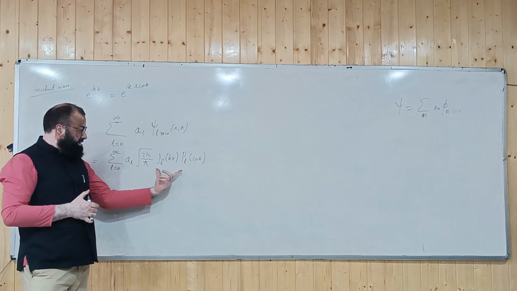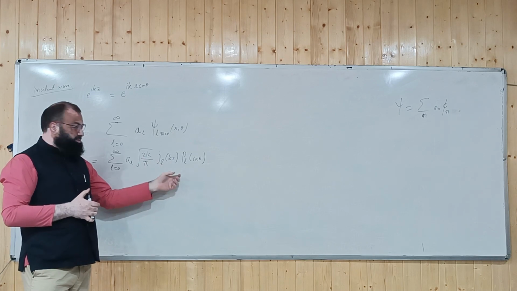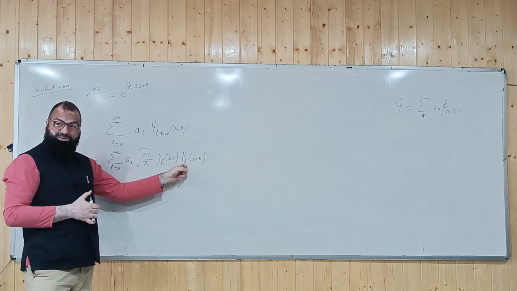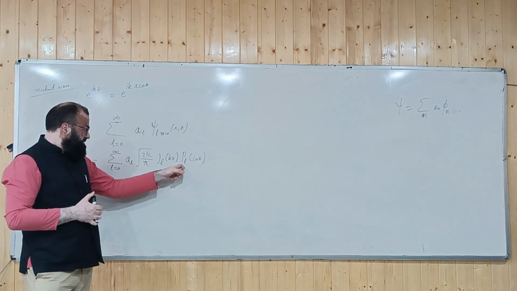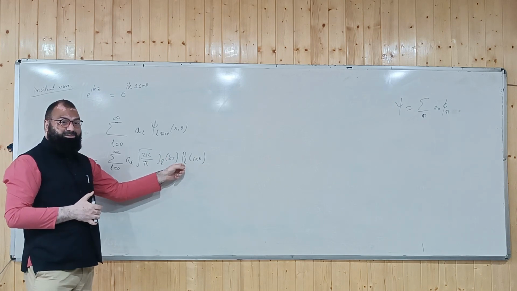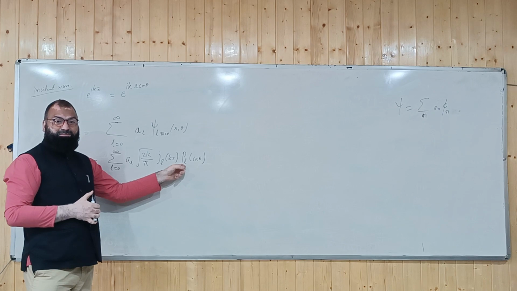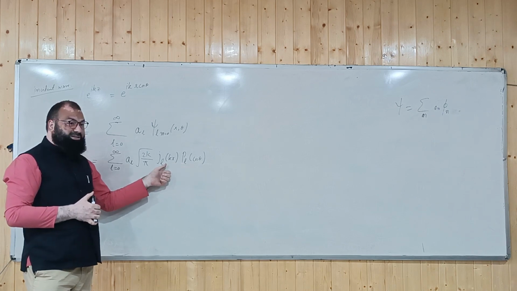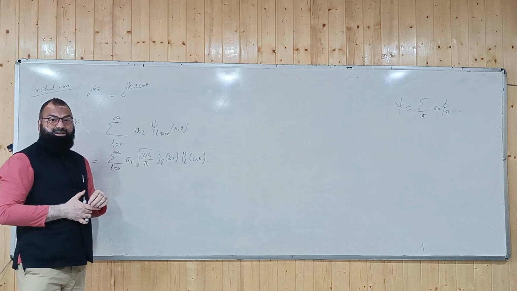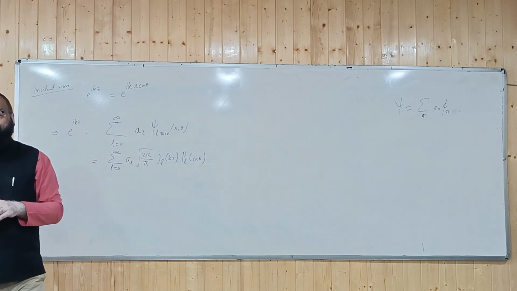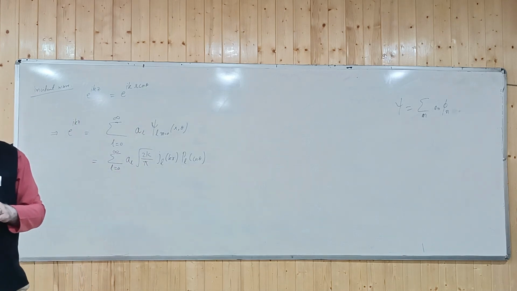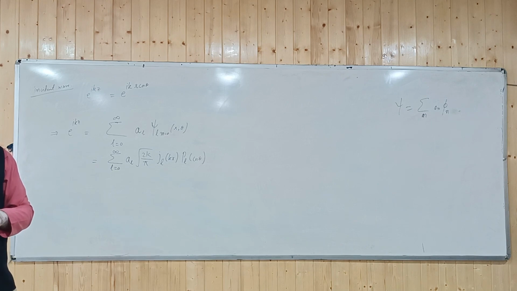Okay, so you can plot it. Let's take L equal to 0. If I take L equal to 0, how does it look? P_0 of cos theta is 1. So what is J_0? It's sine x by x. What is the graph?